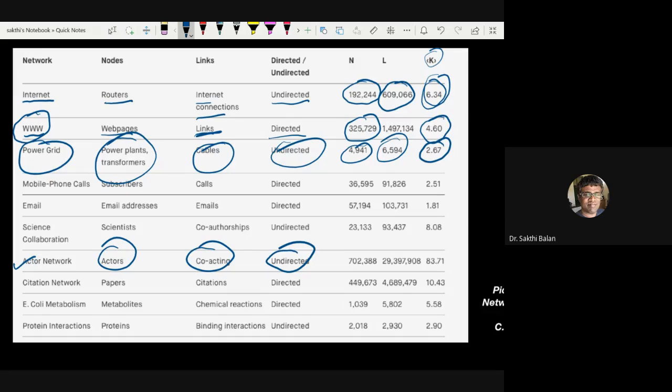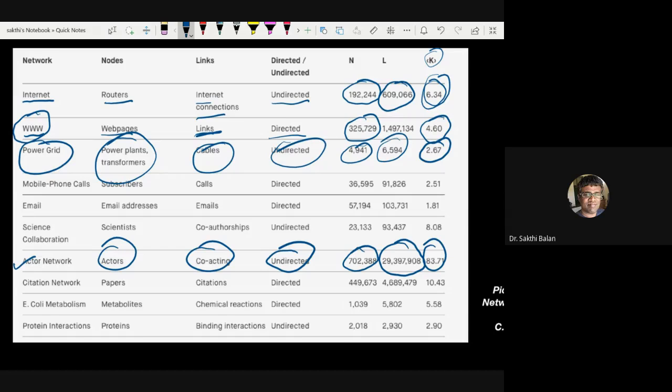Now you see the number of nodes is approximately 702,000, which is almost maybe 40 times or something like that. And then you see the degree of the network is 83.7.